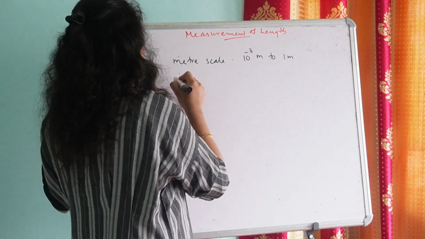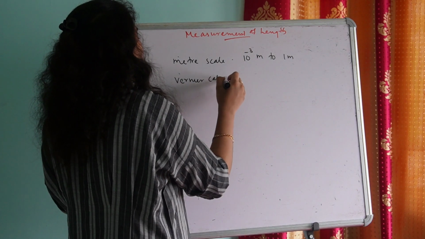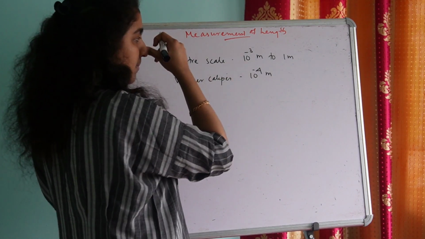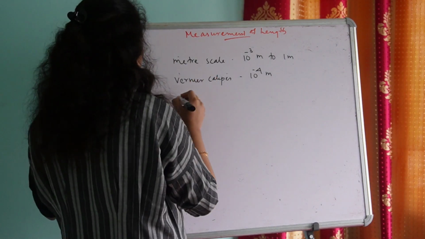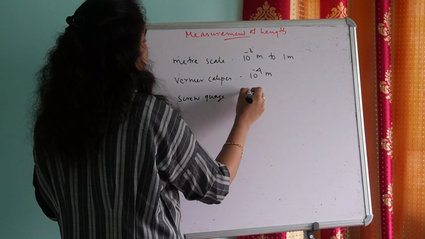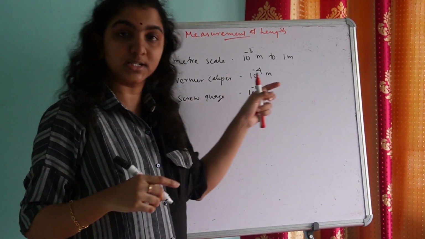We have another instrument called vernier caliper, using which we can measure a minimum length of 10 power minus 4 meter. Again, we have another instrument called a screw gauge, using which we can measure a minimum length of 10 power minus 5 meter.